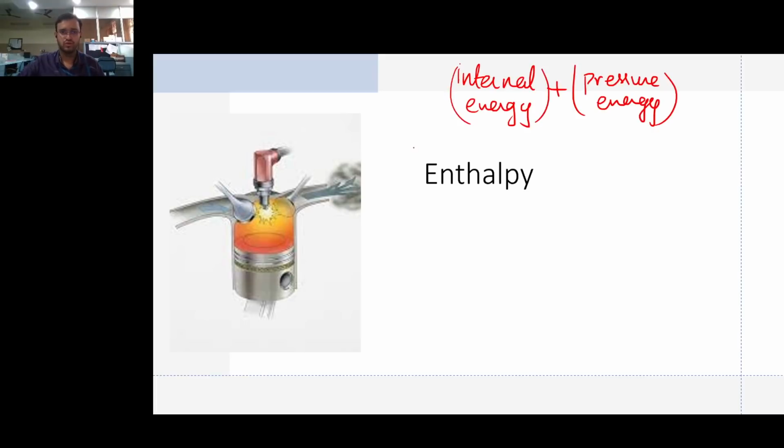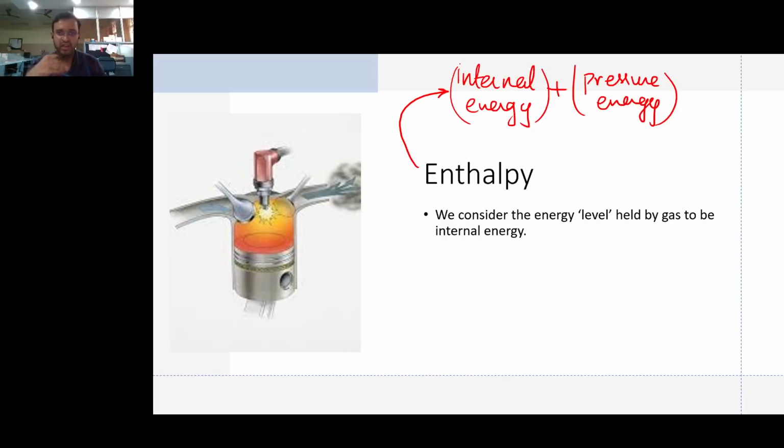Okay, so we call enthalpy a combination property of internal energy and pressure energy. So when we consider any gas or any substance, we describe its energy state by its internal energy, or we consider its energy level by its internal energy.